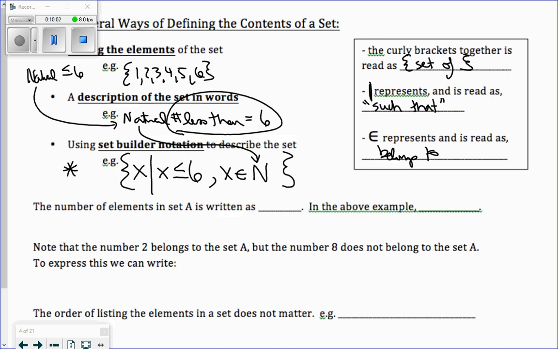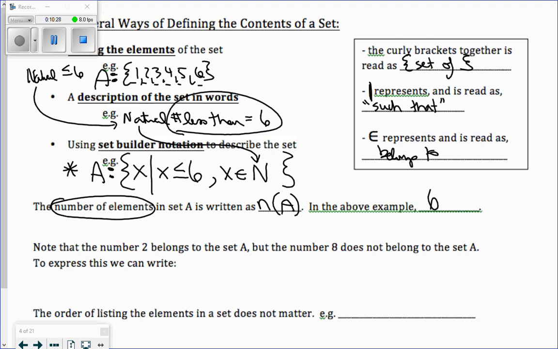Now, sometimes you're asked for the number of elements in the set. So the way you would write that is it would be n brackets A. So if our set was named A, you would write it like that. So how many numbers are there in the set? 1, 2, 3, 4, 5, 6.